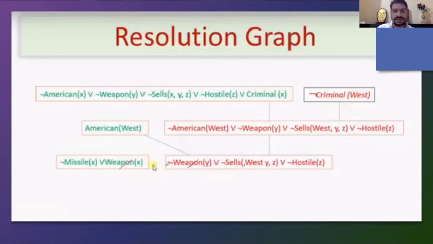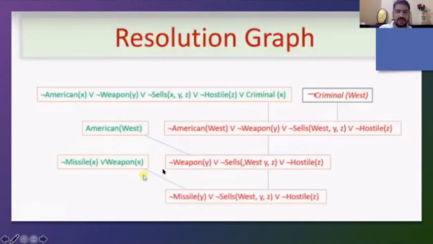So here the weapon and weapon has been omitted, and you get here the missile. Then this X will be replaced by Y, and the sell will come as it is, and the hostile will come as it is.